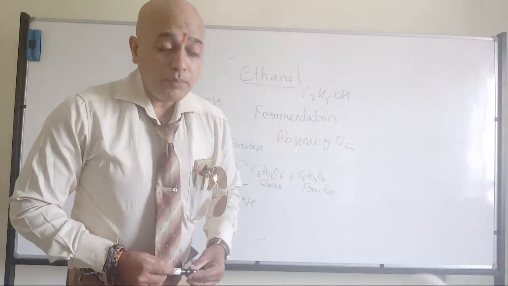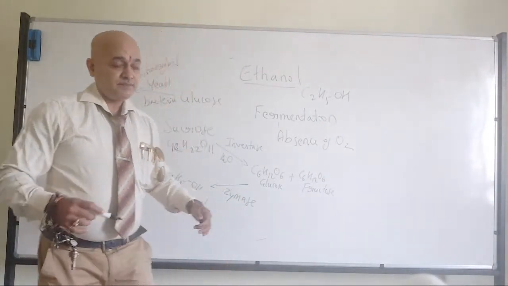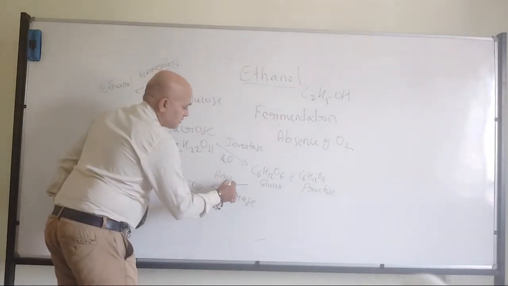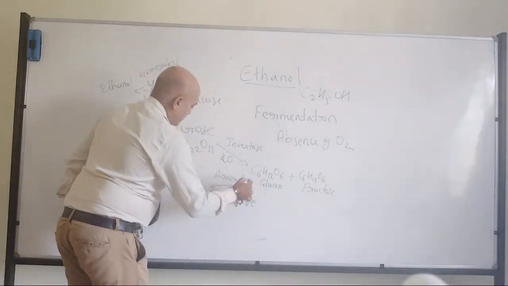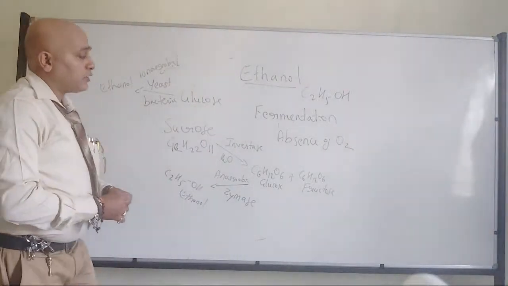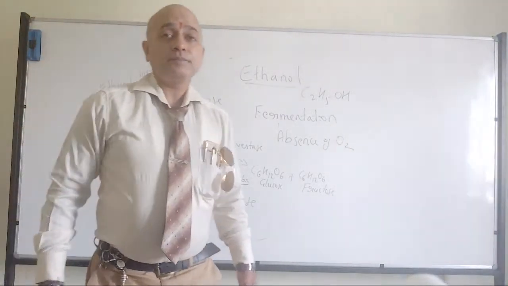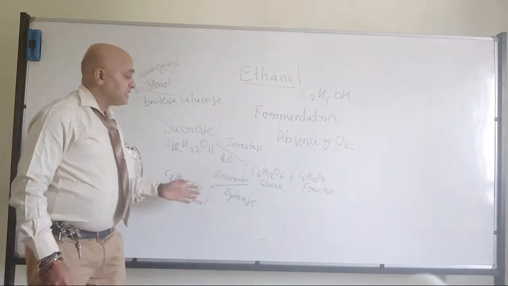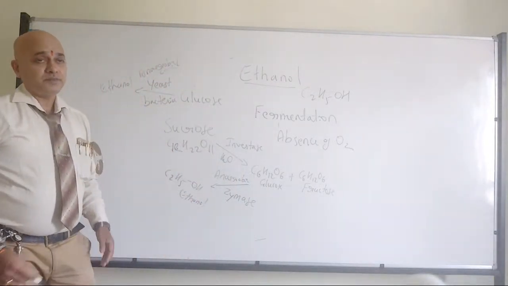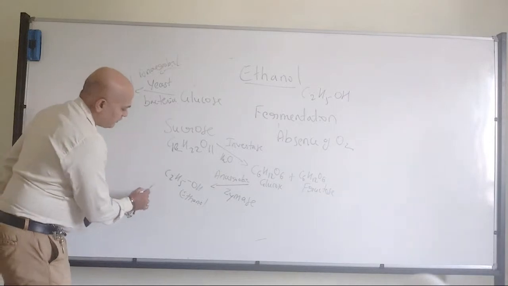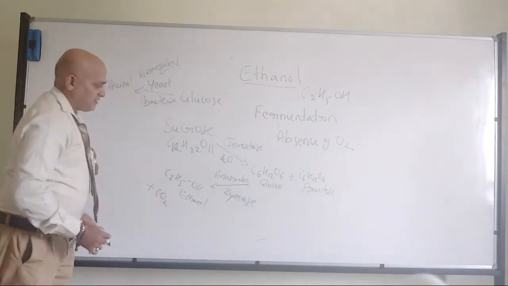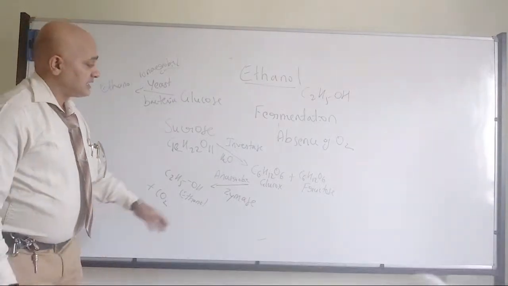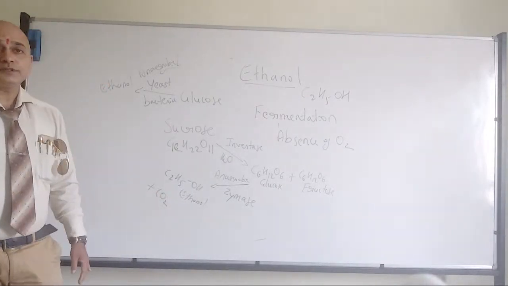But a very important point here is, they have to maintain anaerobic condition, no doubt. Otherwise, it's not possible. And along with that, there will be formation of carbon dioxide. That's where we have the reaction.